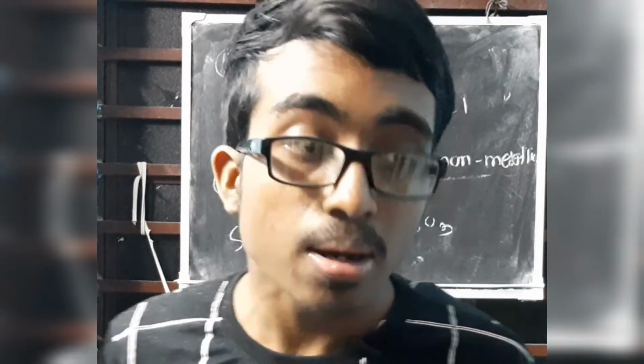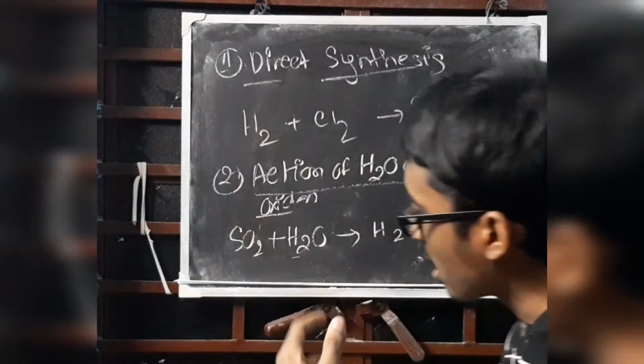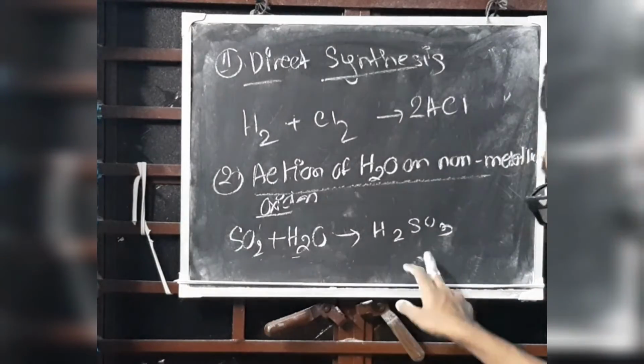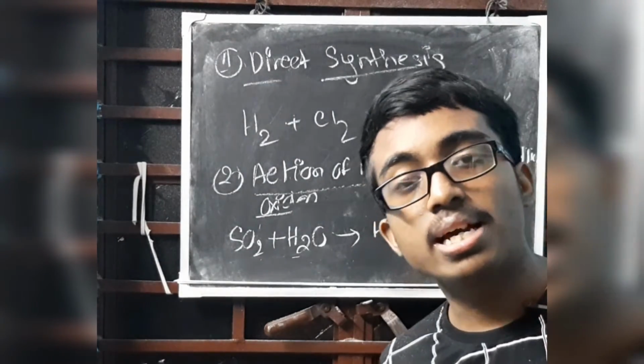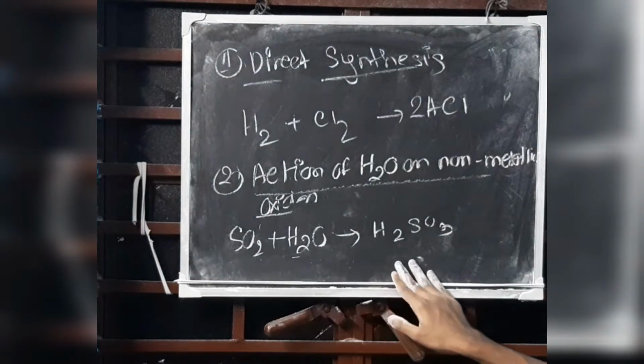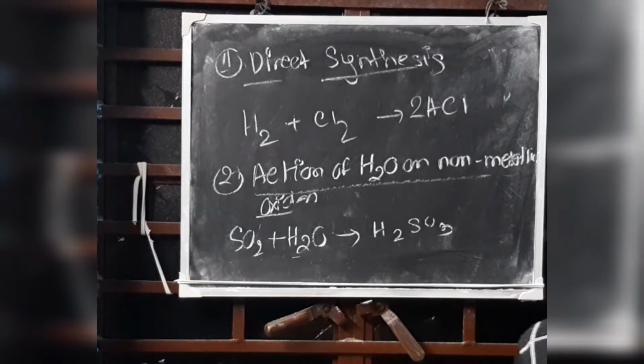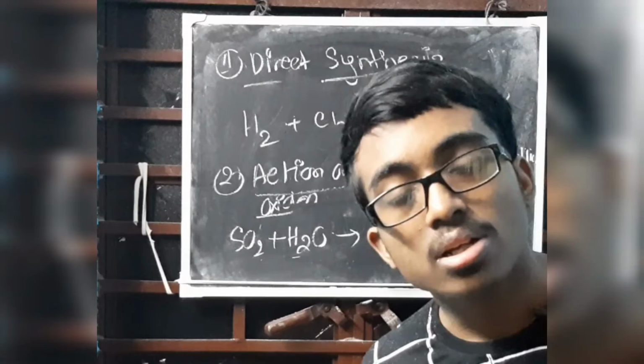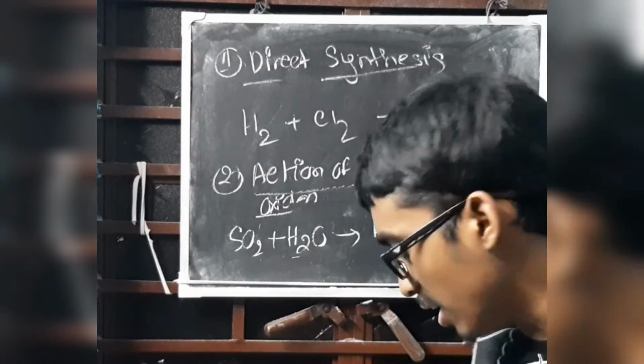Now the question often comes in a twisted way: write the acid anhydride of this acid. Write the acid anhydride of H2SO3. Then what will you do? Subtract water from it, and you will get the acid anhydride. Clear?